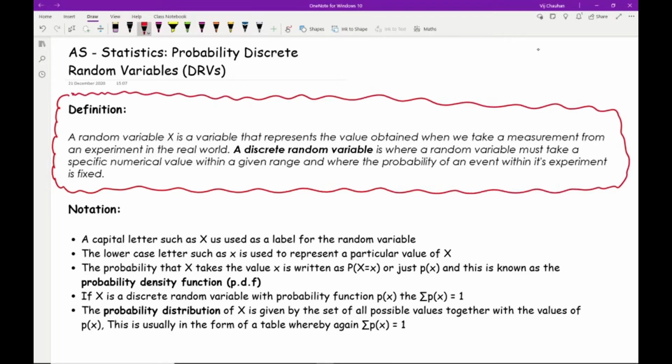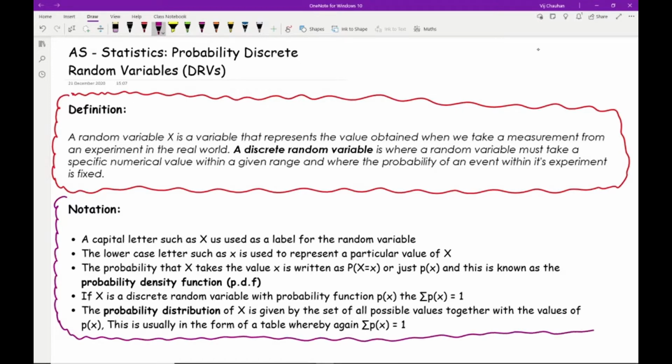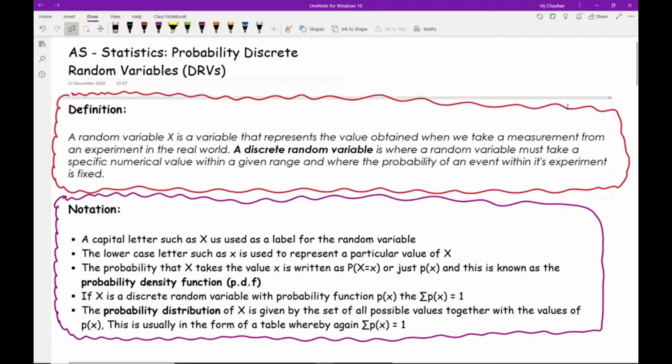You can also get continuous random variables, but with the syllabus that the majority of you will be doing, you tend to be focusing on discrete random variables, and the notation is definitely worth making note of. Like I said, on face value it might seem nonsense, but when we go through some examples I'll refer back and explain what each of those things mean.